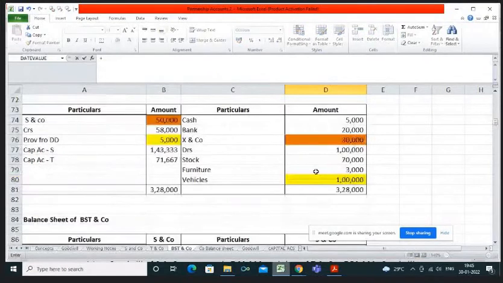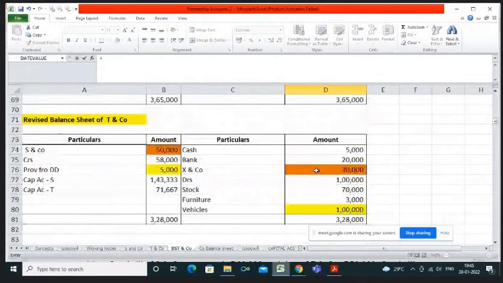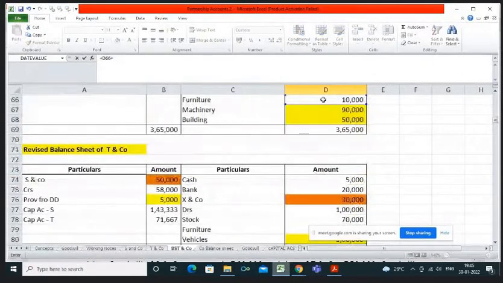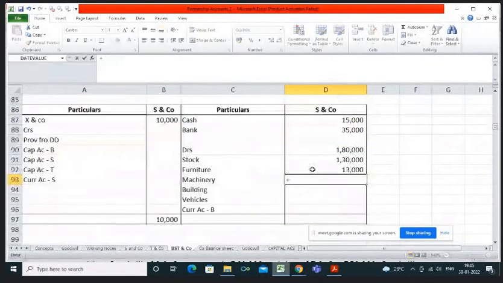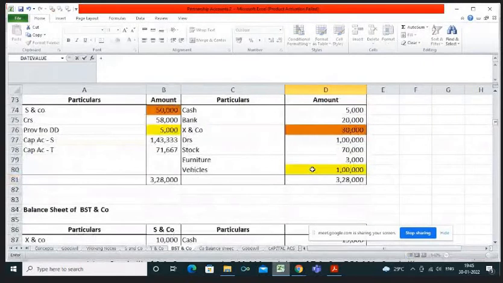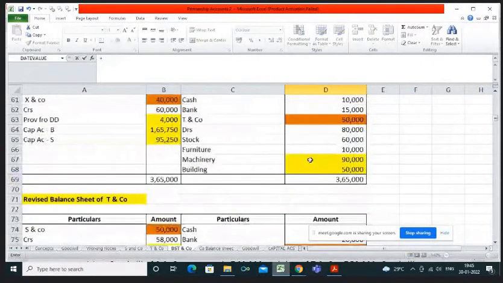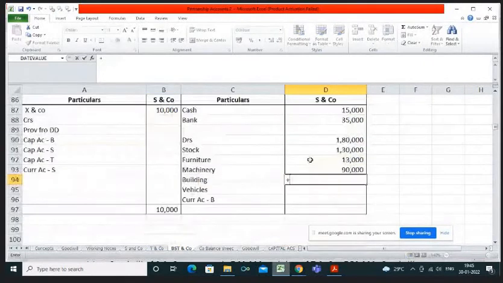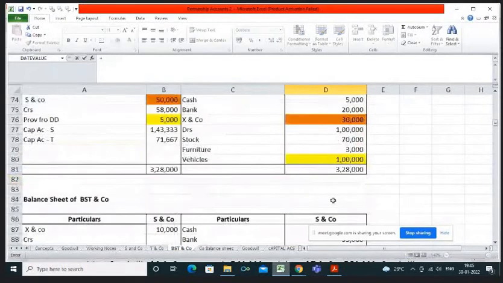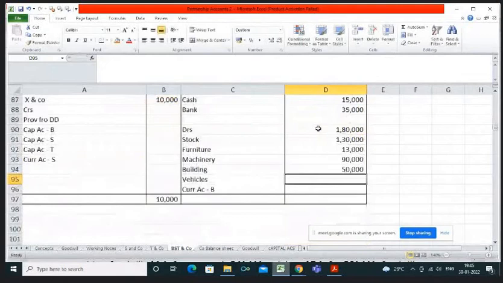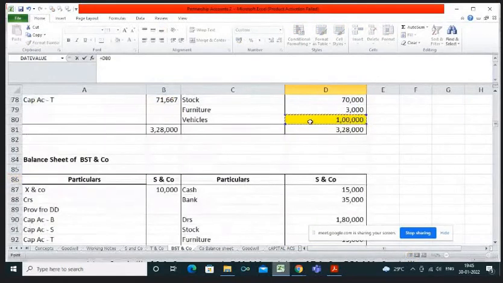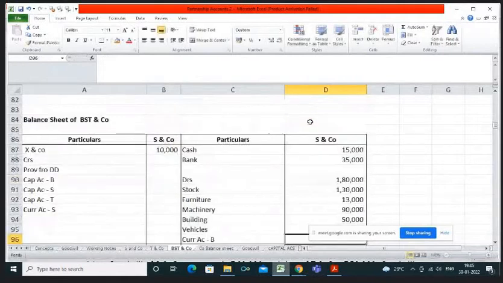In the case of S and Co, I have 10,000. In the case of T and Co, I have 3,000. So the total will be 13,000. Then machinery. Machinery is in S and Co's books only, 90,000. Building is in S and Co's books only, 50,000. Then vehicles are only in T and Co's books. The value is 1 lakh.